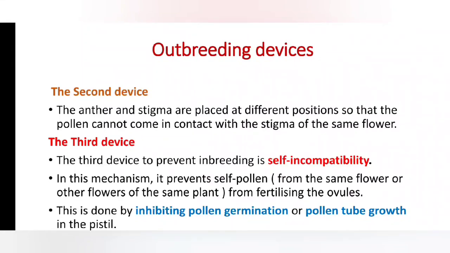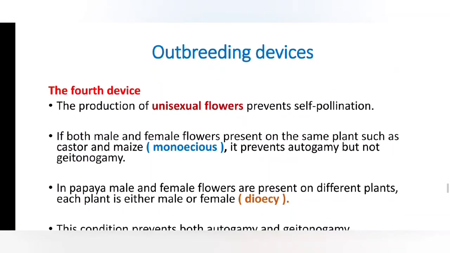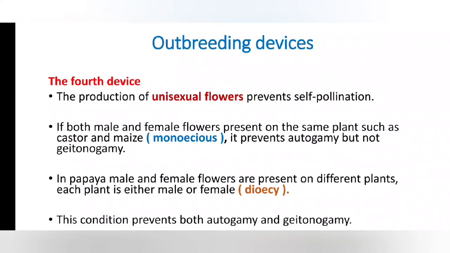Though the pollen grains from the same flower or plant land on the stigma, these flowers stop pollen germination. They don't allow the pollen to germinate or the pollen tube to grow. In this way, they stop self-pollination. Outbreeding devices. The fourth device: the production of unisexual flowers prevents self-pollination.